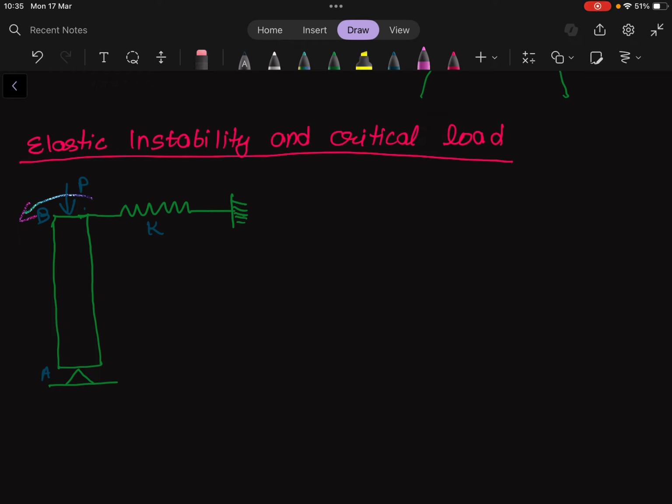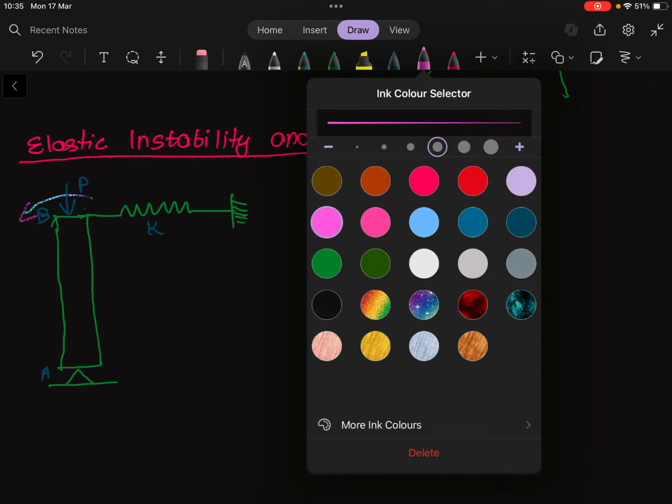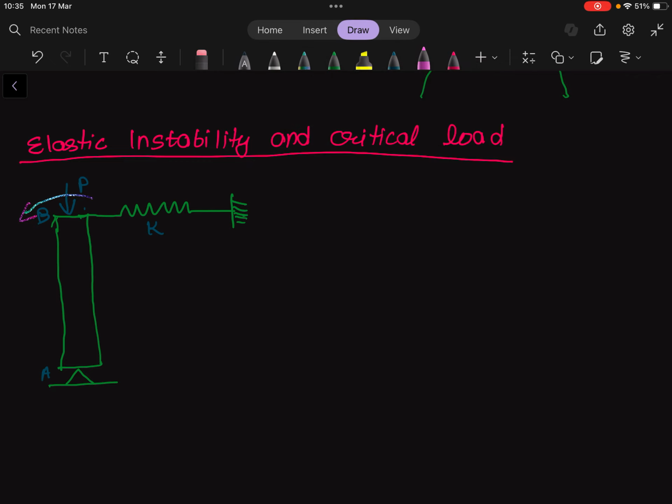So the member, sorry, let me erase this. The new position of the member is something like this.